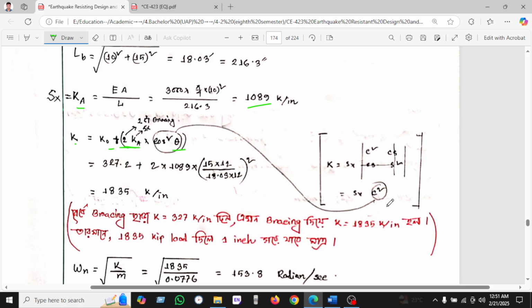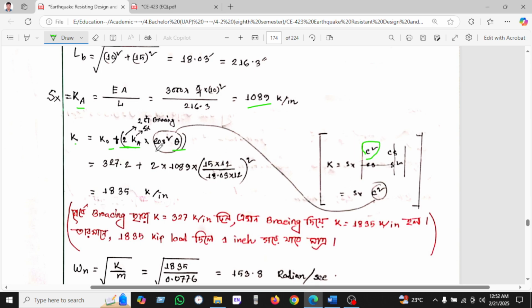Why have we been using cos theta? Because, as we have been seeing, K equals Sx equals C squared. We can see in the graph these are the intersect points, and these are called C squared.